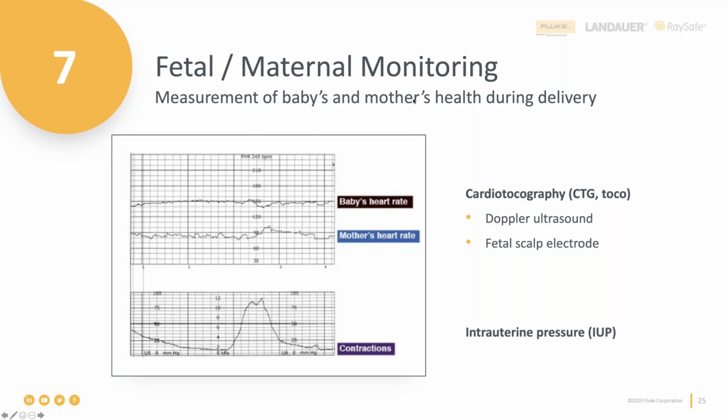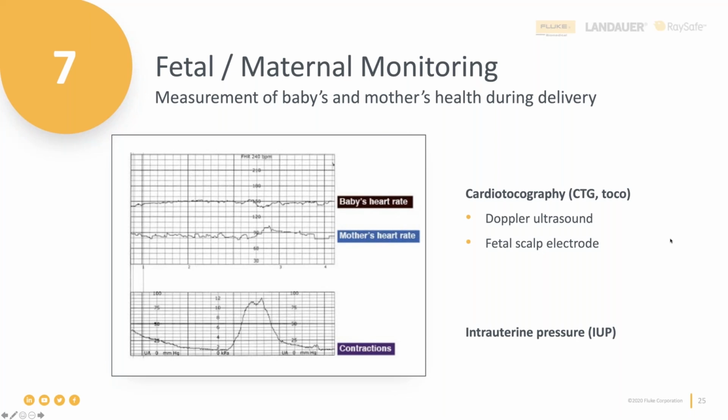There are also ultrasound pucks. These ultrasound pucks are attached to the mother, usually with a belt, and they detect the baby's heartbeat. And these have to be simulated as well. They can be simulated by a mechanical fetal heart directly, right? There's actually a device that we manufacture that simulates the baby's heart right on the puck.